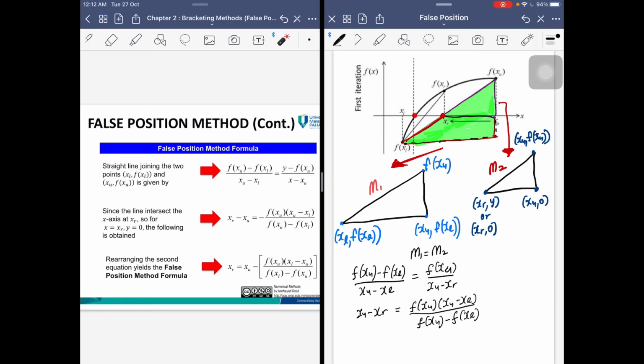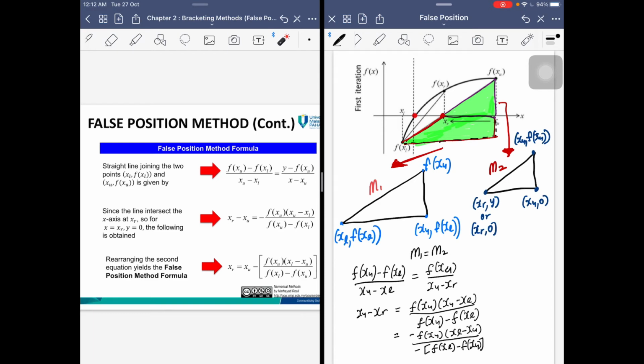If I factorize the negative for the numerator and denominator of this part, I should have negative FSU times SL minus SU over negative FSL minus FSU.